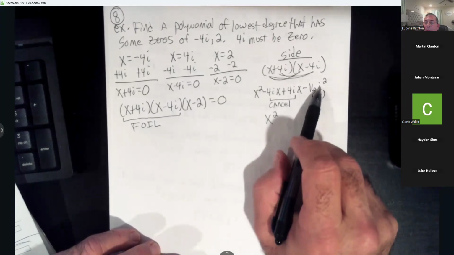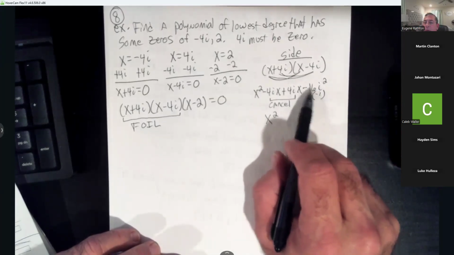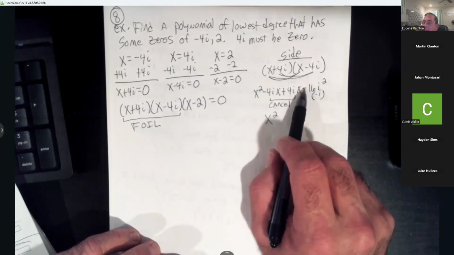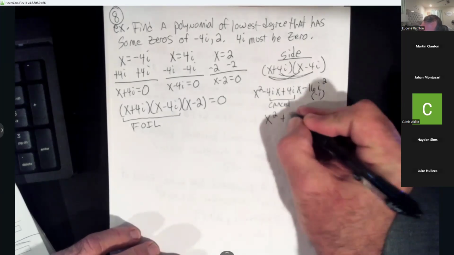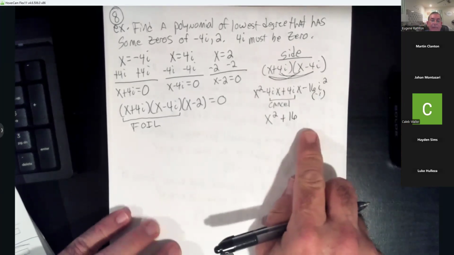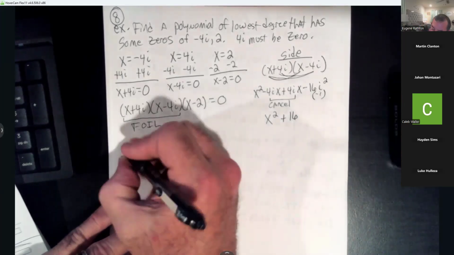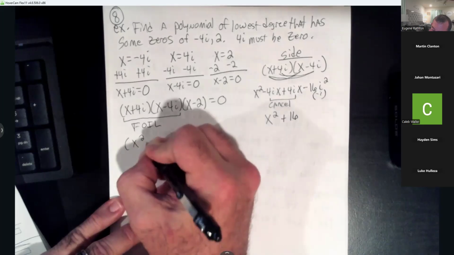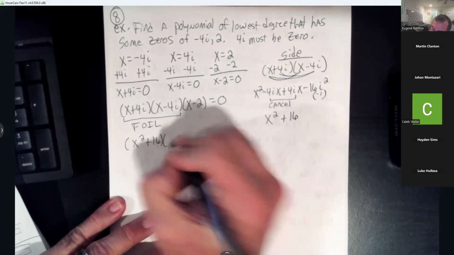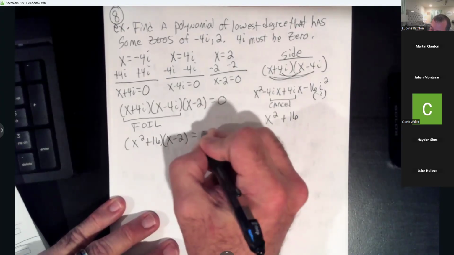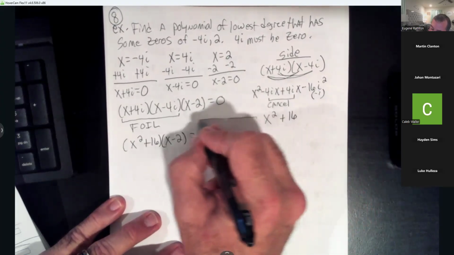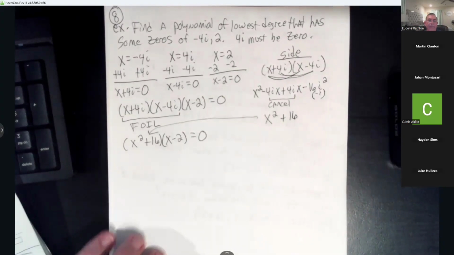And the only purpose of that i squared is to turn this negative number positive, because now I got a -16 times -1, which gives me a positive 16. So that's going in the first parentheses, x squared plus 16. And then bring down the x minus 2. So that went right there.